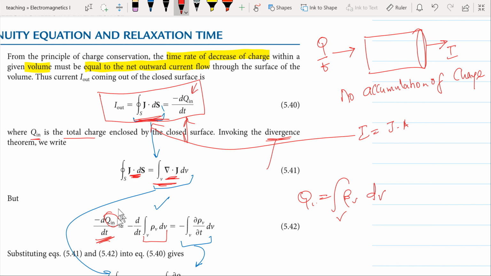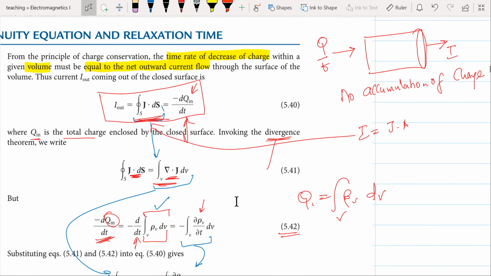Therefore, this Q in, we are replacing with the volume integral of the volume charge density. And when we do that, we can just introduce the time derivative to the volume charge density, and therefore we end up with the equation as it appears in 542.